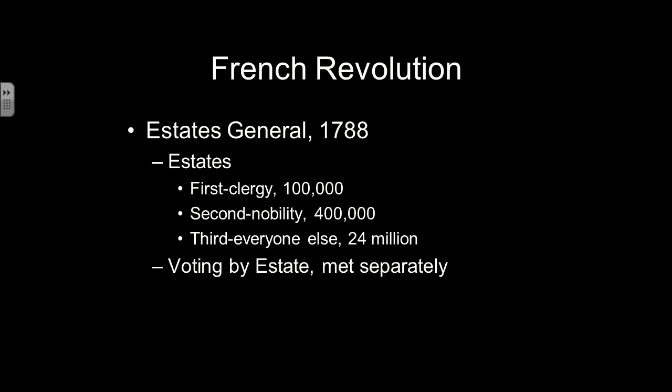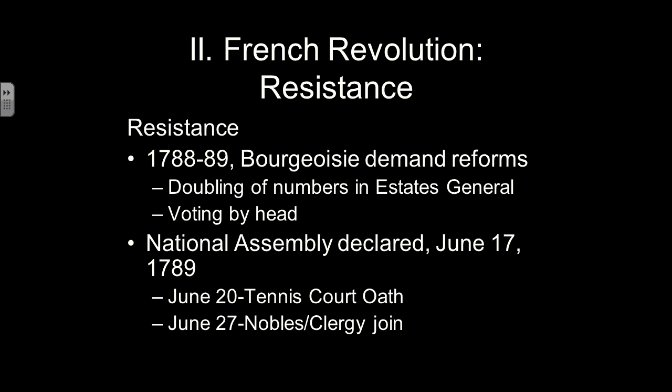So, what happens? The third estate, the Estates General, they meet in Paris. The representatives of the clergy, the nobility, and the third estate meet in Paris, and they meet separately. And what happens?